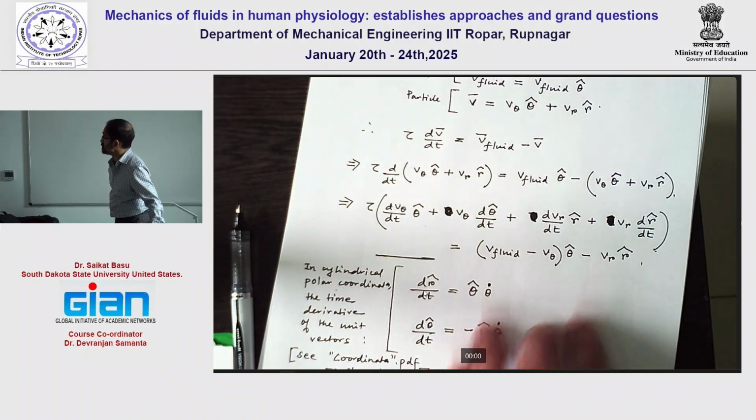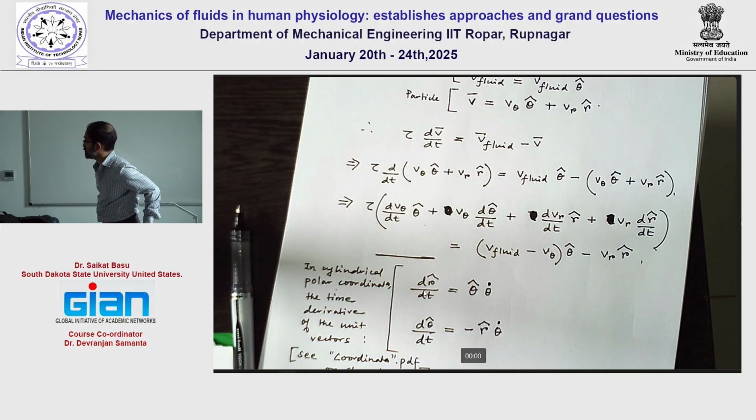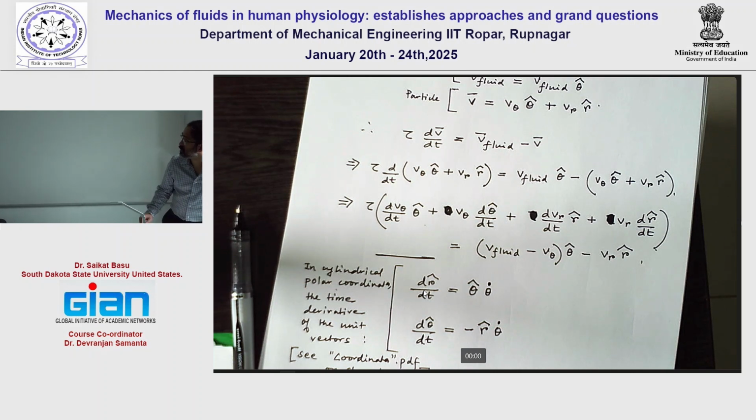Now, coming back to that equation, we are just plugging in the resulting fluid velocity and particle velocity. As we figured out, there would be some terms that are time derivatives of the unit vectors. These are the terms that I said are correct, and I think there was a confusion if they are correct or not, just for folks to know where to access this.